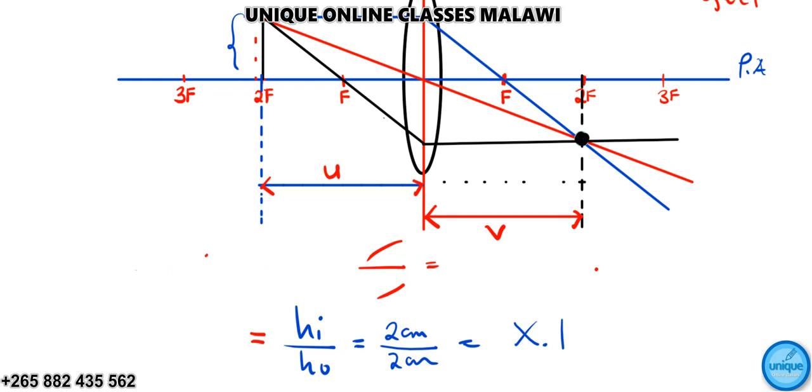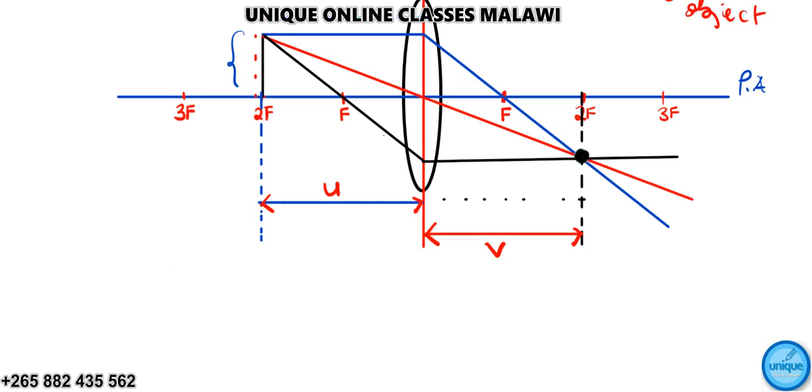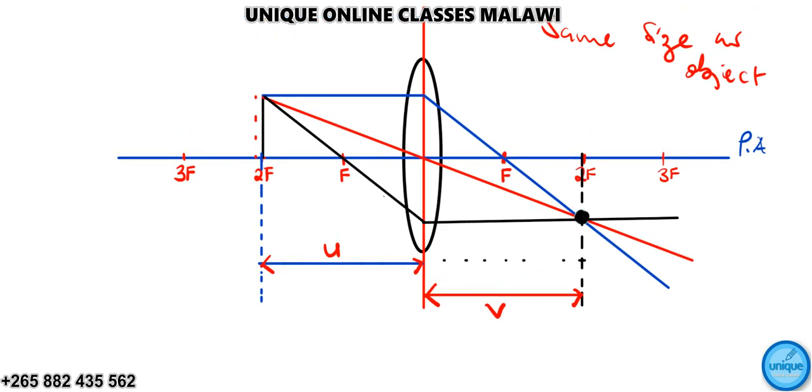So without drawing the ray diagram, what is the nature of the image if an object is placed at 2f? Same size as the object, magnification again 1. Whenever an image is formed on the other side of the lens, like this one, the image is upside down.